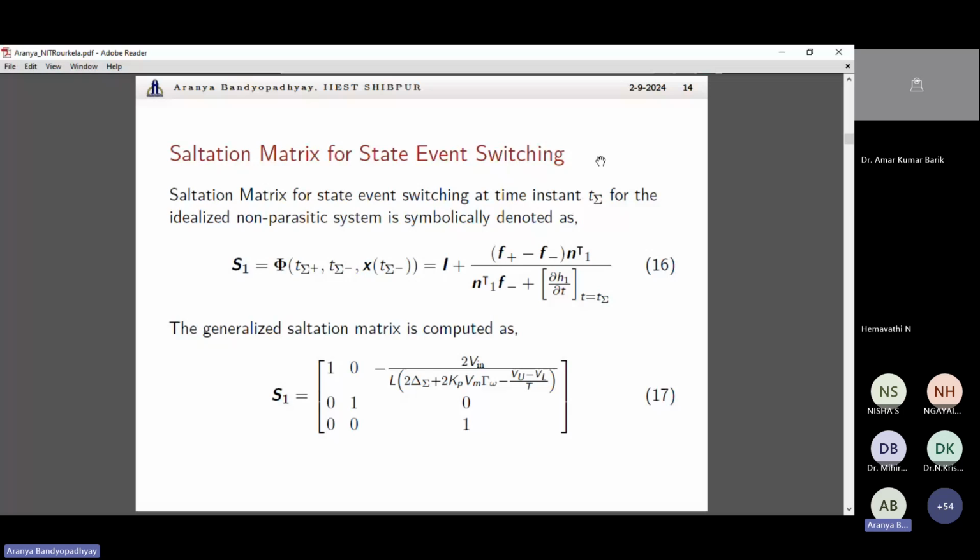There is a thing called period doubling bifurcation, or half scale instability, which happens at half of the switching frequency.